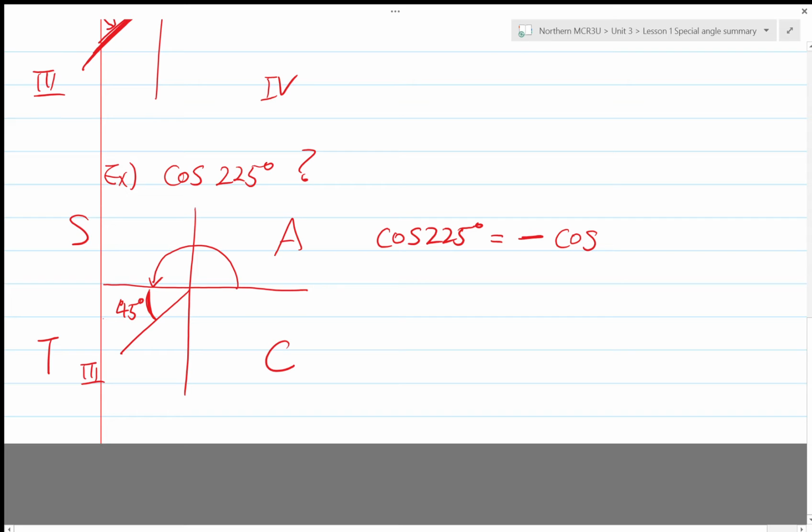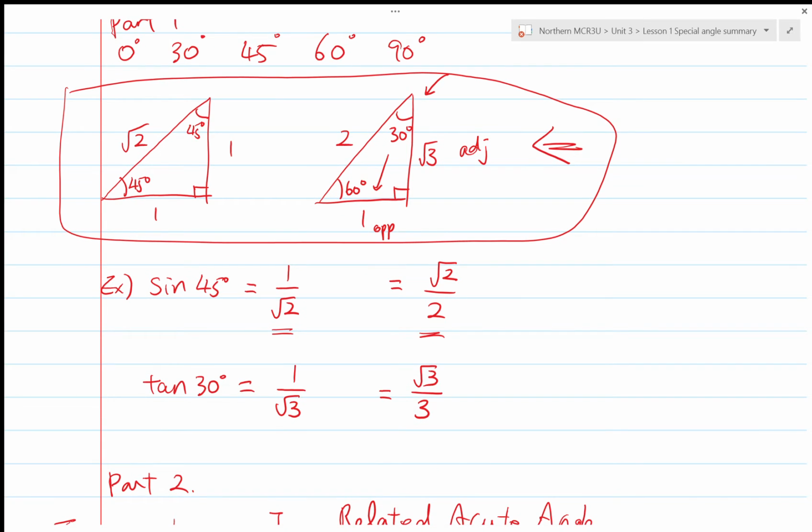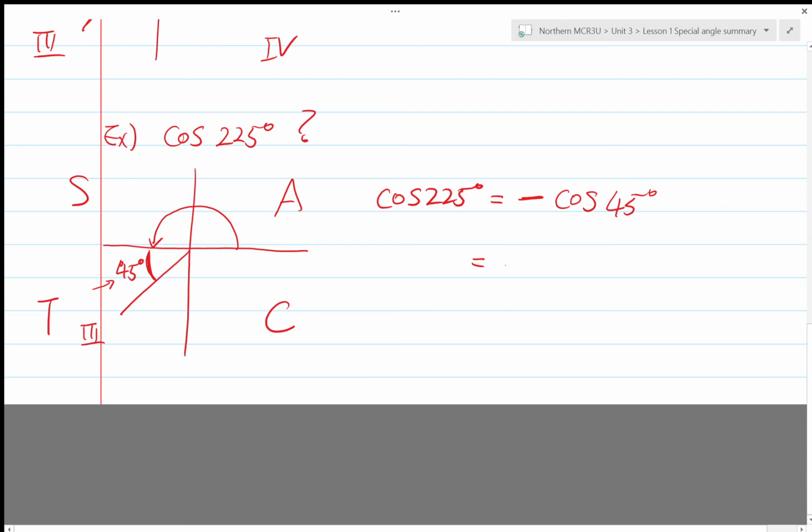Then we look at what the reference angle is, which is 45 degrees. Now, we know cosine 45 degrees from the special angles, which is 1 over square root of 2. So cosine 225 is then negative 1 over square root of 2.